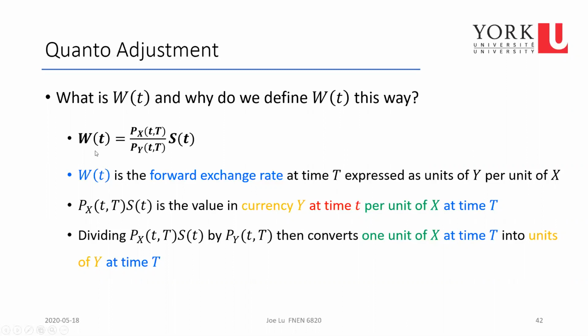Now this is the same as $1 invested at PX, which is the Canadian interest rate there. And then once you've got the $1 Canadian invested under the Canadian interest rate, you convert it to US dollars, and you'll get the same amount. So that's why this is the forward exchange rate.